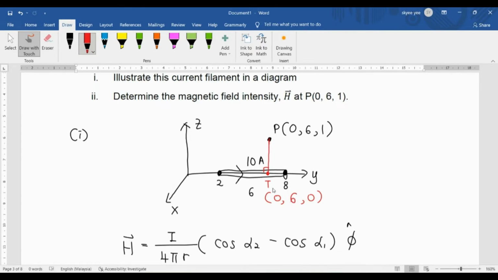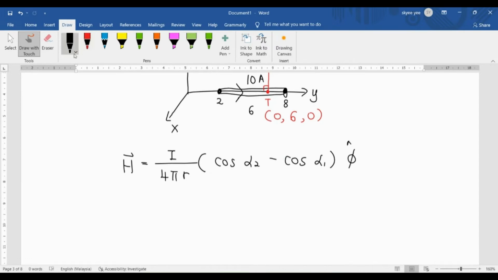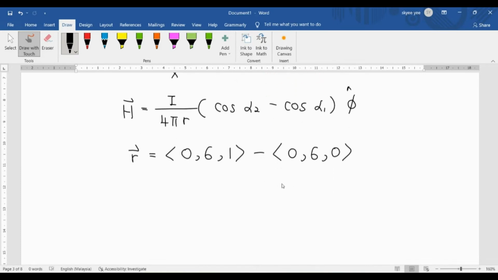So you got the coordinate T. Now we find the vector r. It will be the observation point 0, 6, 1 minus the position vector of point T. Look at my bracket, it is not a round bracket.